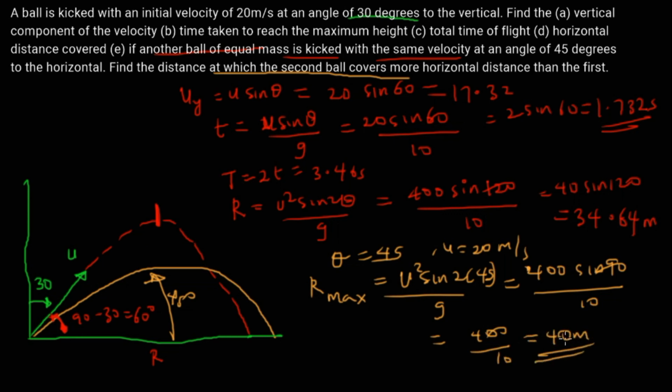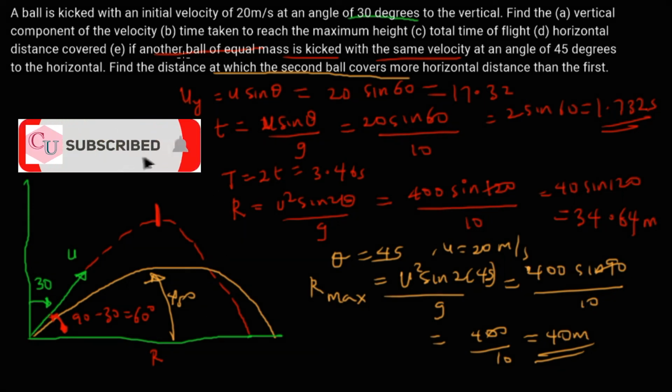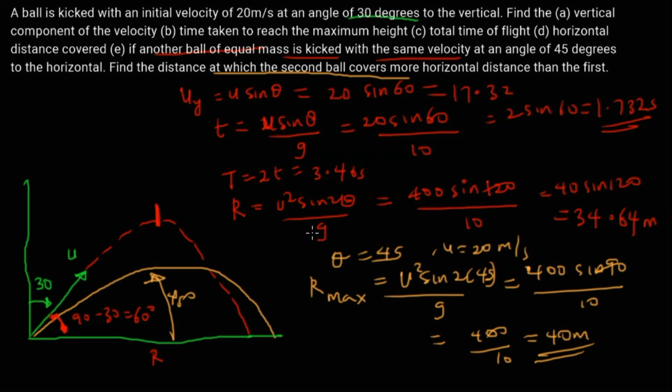So the object moves 40 meters because it is at an angle of 45 degrees. So the distance at which the second object covers more distance than the first will be the difference between the two distances.